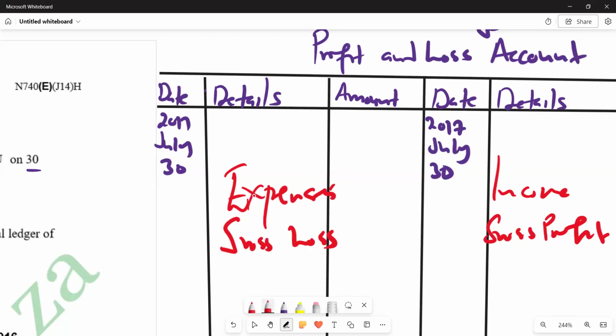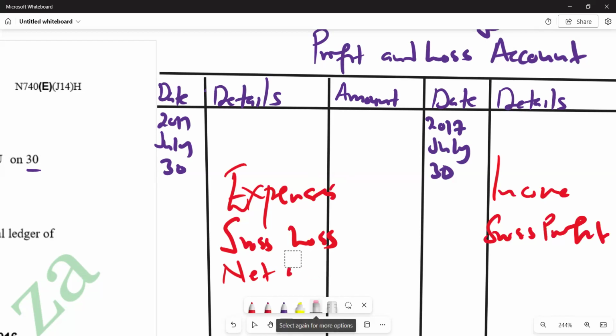And at the end of preparing our profit and loss account, remember we are going to have a net profit or a net loss. If the debit side has a smaller total, you are going to put a balancing figure as net profit on the debit side.